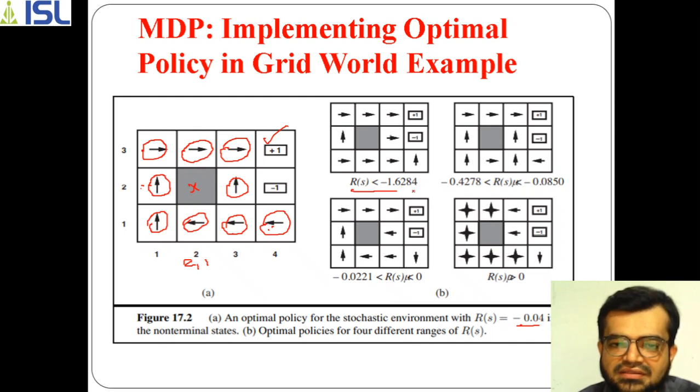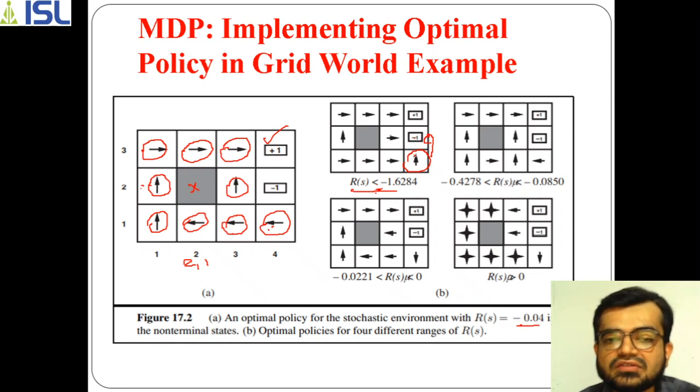If an agent moves from one state to another state, the reward can be less than or equal to minus 1.6284. So if the agent is in this position, it accepts this state, because it is minus 1, and minus 1 is good compared to minus 1.6284.